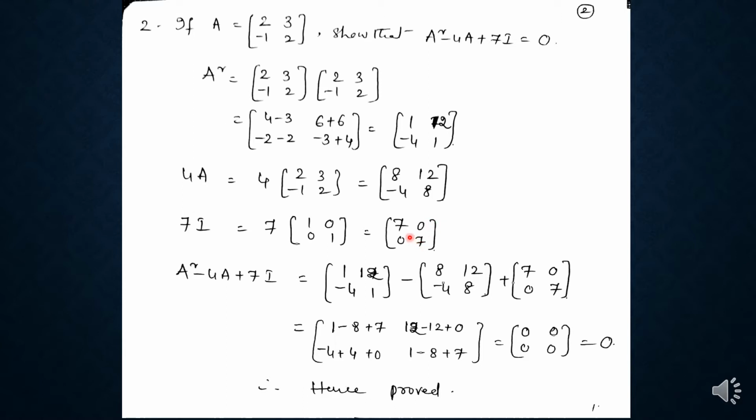After getting these values, we have substituted in the equation A square minus 4A plus 7I. By the simplification, we got all zeros, which is known as a null matrix, which is denoted by O.